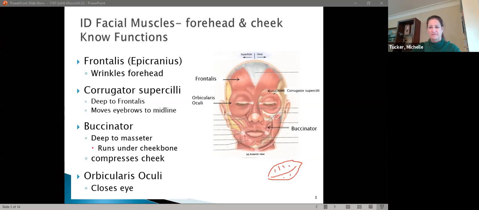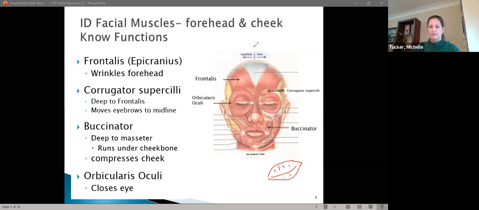And then we have two orbicularis muscles. So the term orbicularis comes from the same root as orbit. If you think of planets that orbit the sun, we have orbicularis oculi that orbits the eye socket, and when it contracts, it will close the eyelid.